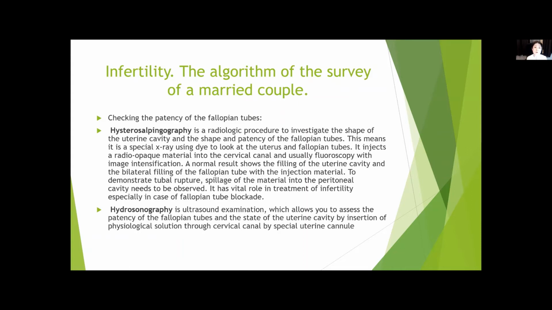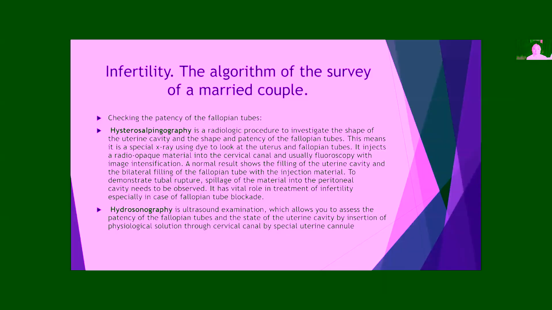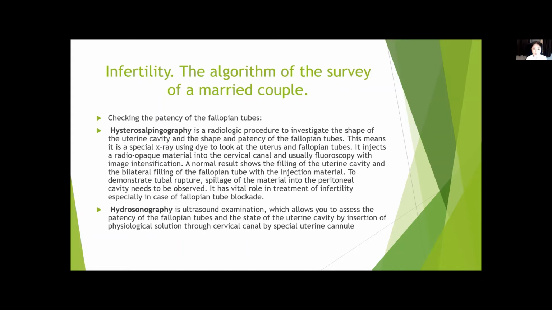Checking the patency of fallopian tubes using hysterosalpingography is a radiologic procedure to investigate the shape of the uterine cavity and the patency of the fallopian tubes. This means it is a special X-ray of the uterus and fallopian tubes. It injects a radio-opaque material into the cervical canal, usually with fluoroscopy with image intensification.